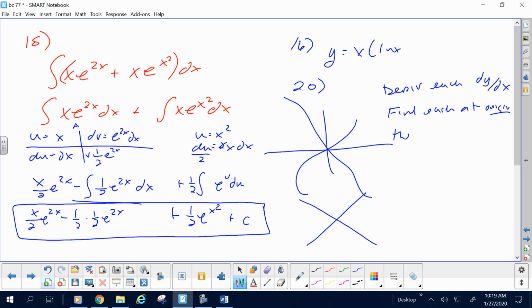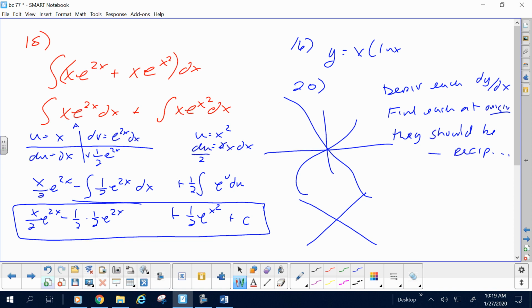They should be negative reciprocals. Okay, so that's the plan. Does that get you started? Now you can execute the plan, or do you want to walk through the calculus and derivatives? Or do you want to go on to 24? Okay, so you know the plan now. Execute the plan. And number 24.